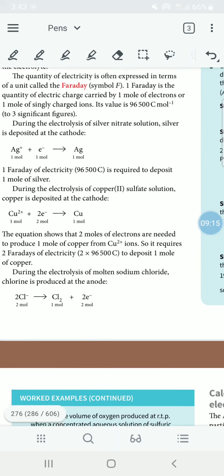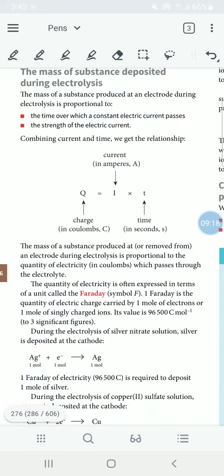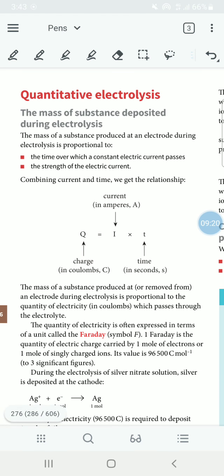I hope you understood. Let's write down a note and then we will go to the questions. Quantitative electrolysis. The mass of substance that is produced as a result of electrolysis depends on two factors.